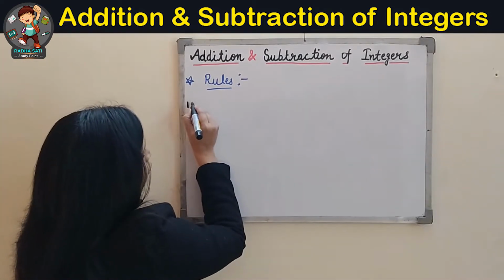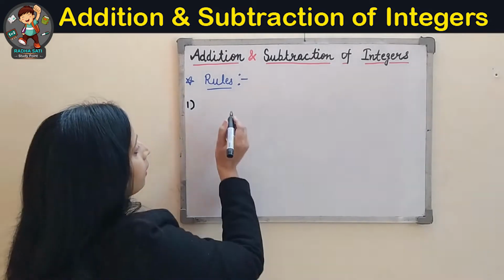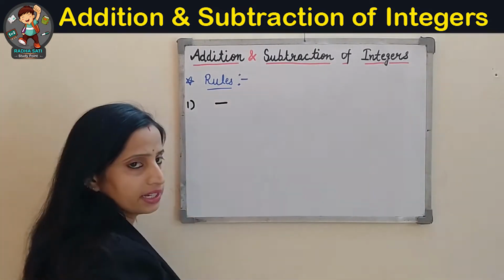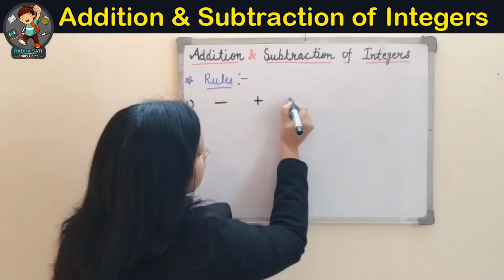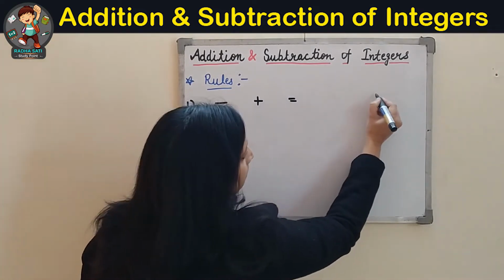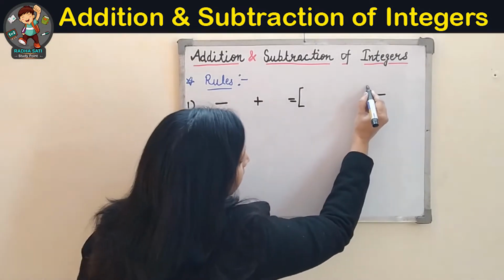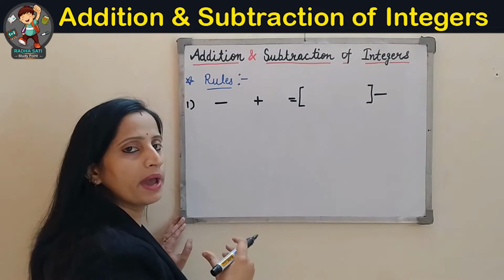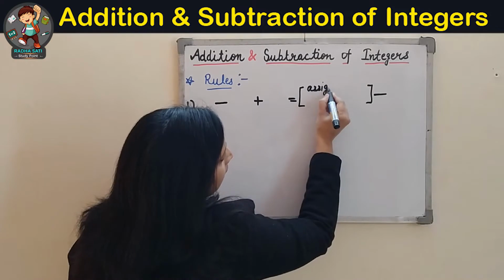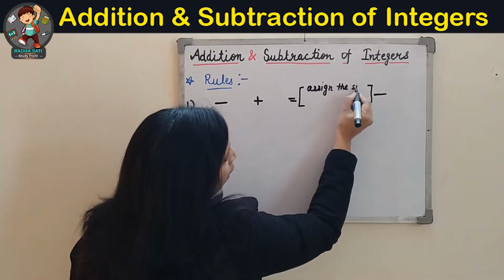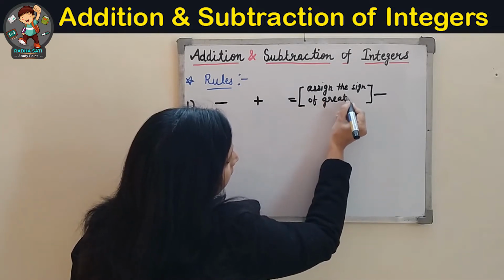For example, the first rule is if the integers are having different signs. For example, if one integer is a negative integer and another integer is a positive integer, in this case, we will subtract. And we will assign the sign of the integer having greater numerical value, the sign of the greater number.